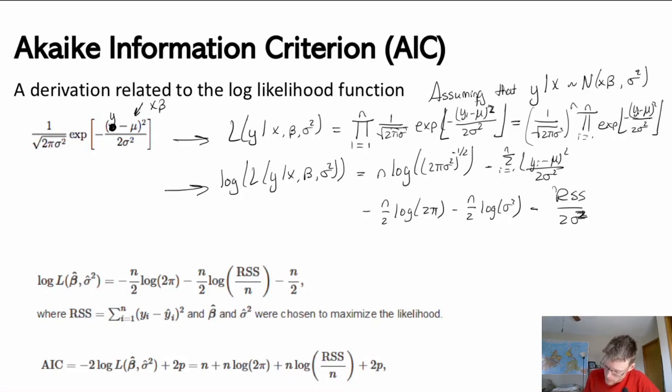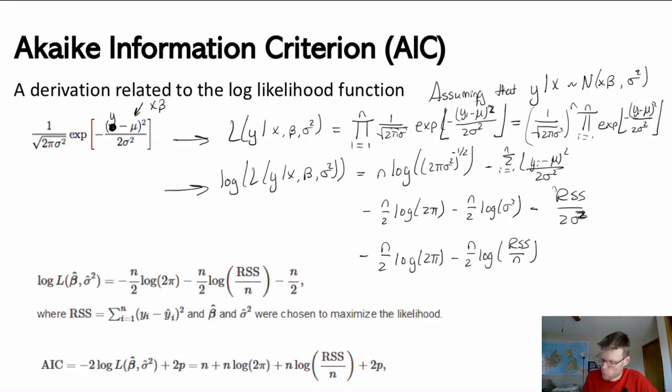And now, if I'm finding the maximum likelihood estimate of sigma squared, that's going to be RSS over n. So then I can do a little bit more simplification, and I can make this minus n over 2 log of 2 pi minus n over 2 log of RSS over n. And then this right here is going to be RSS over 2 times RSS over n.